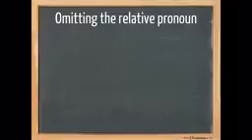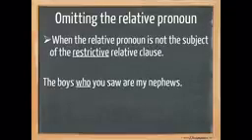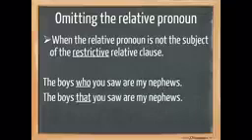Sometimes we can omit the relative pronoun. When the relative pronoun is not the subject of the restrictive relative clause, we can leave it out. The boys who you saw are my nephews. Here, the subject of the relative clause, so who you saw, is you and not who.